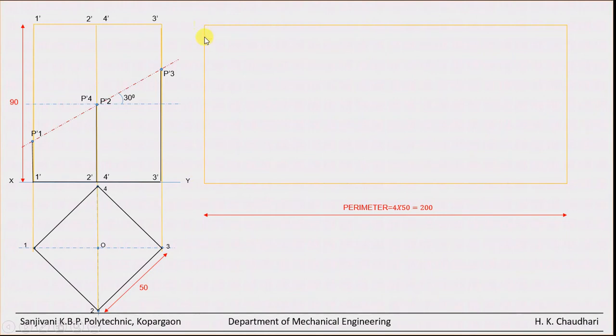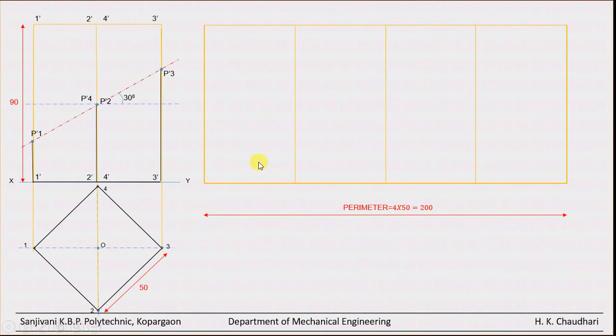Clear? Now for convenience and for locating the points P-1, P-2 and up to P-4, we have to just divide this rectangle into 4 equal parts. So divide this rectangle into 4 equal parts. Now this each part has a length of 50 mm. Clear?